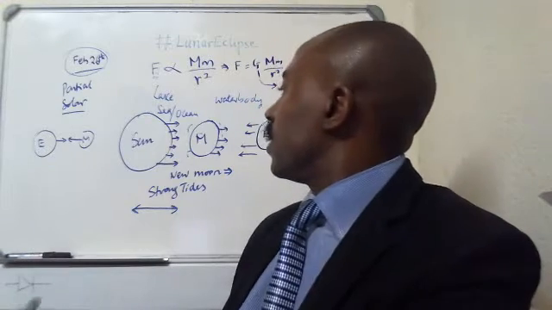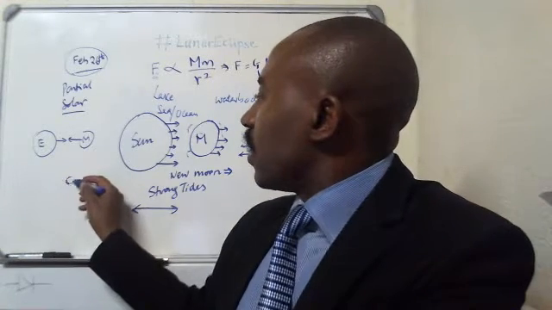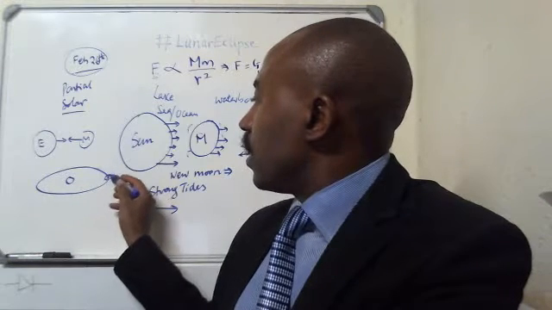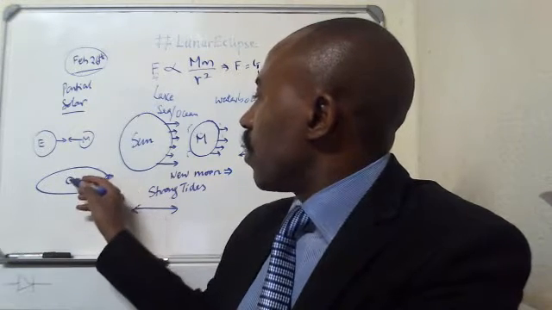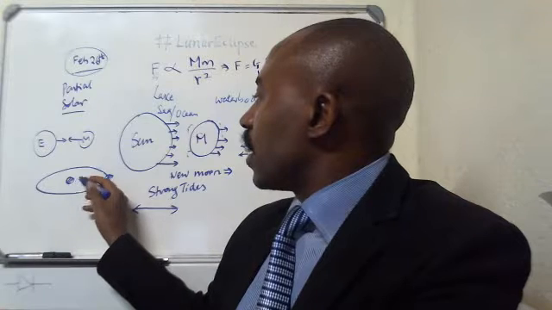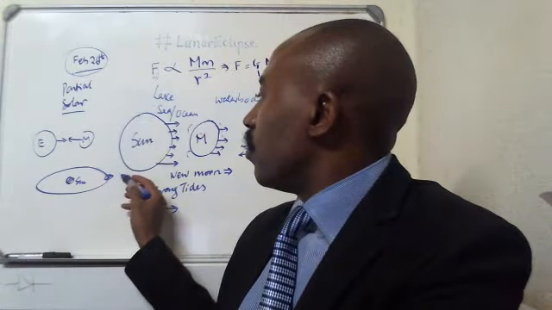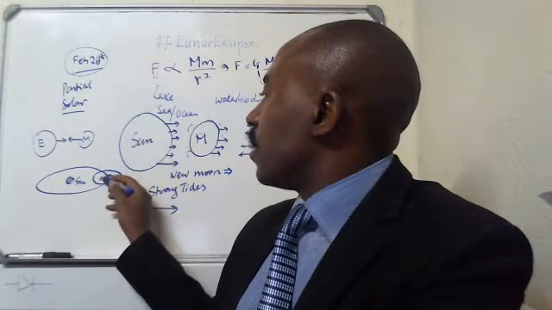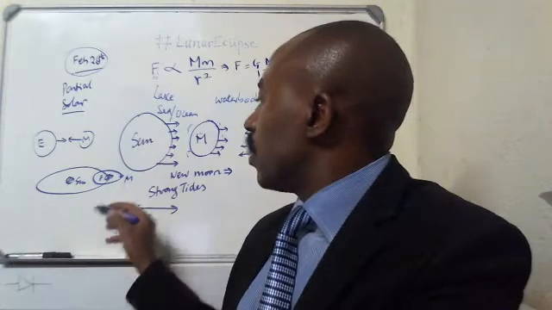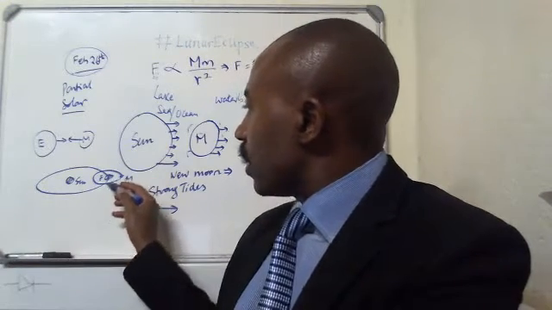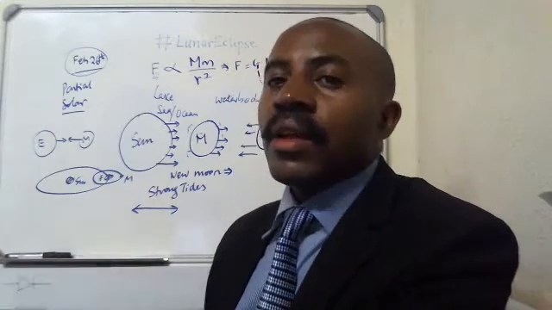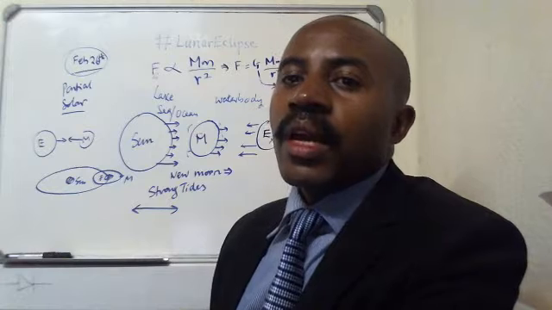An orbit is when we look at the planet moving around the sun, or like how the moon goes around the Earth. This is the Earth here, and this is the moon. The perigee is when it is nearer. When it is far away, we call it the apogee.